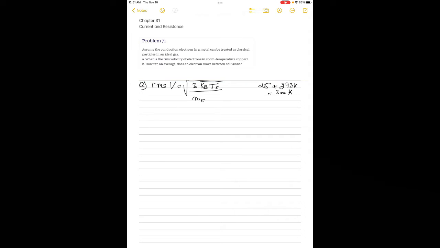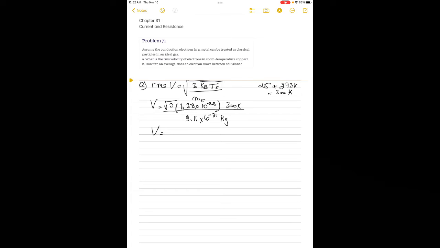So the velocity is going to be the square root of 3 times the Boltzmann constant, which is 1.38 times 10 to the power of minus 23, multiplied by 300 Kelvin, divided by the mass of the electron, which is 9.11 times 10 to the power of minus 31 kilograms.